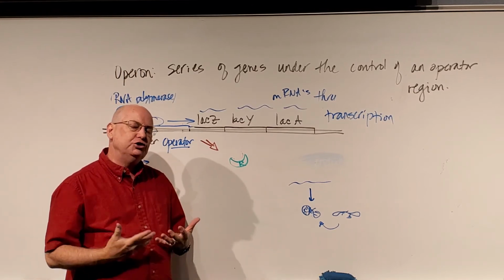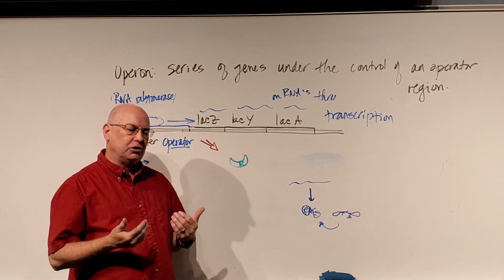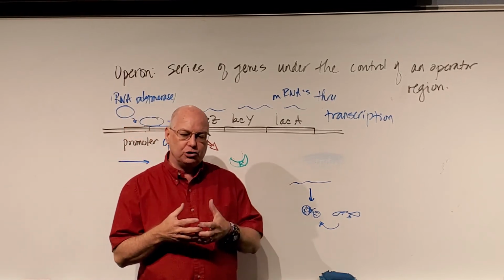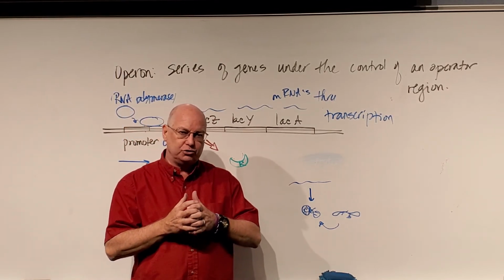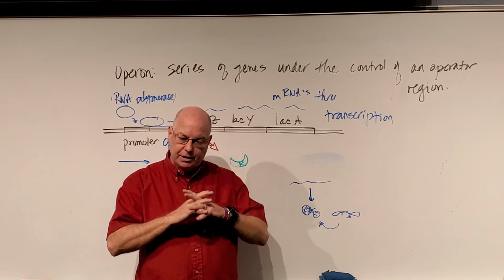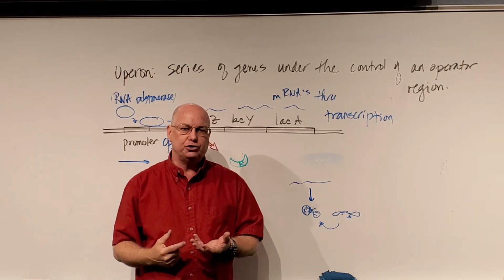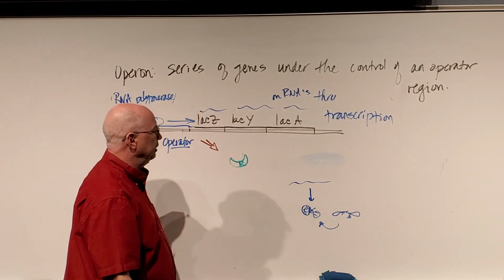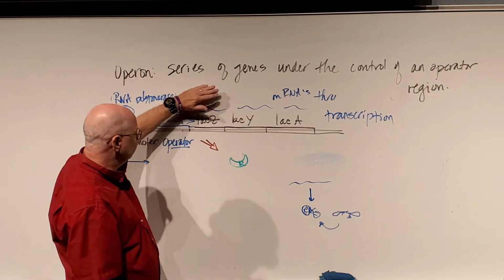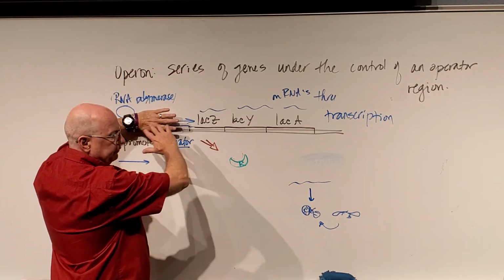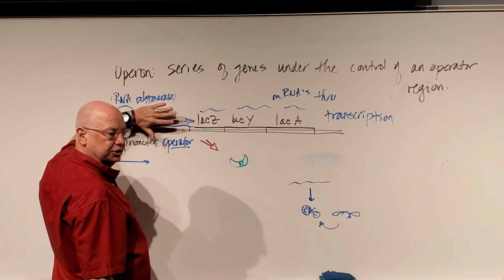This is called an inducible operon. It's called an inducible operon because, by definition, inducible operons are operons which are off, not transcribing proteins, unless they are turned on by an inducer. In the absence of lactose, the repressor is bound to the operator and the promoter and prevents RNA polymerase from transcribing the gene.